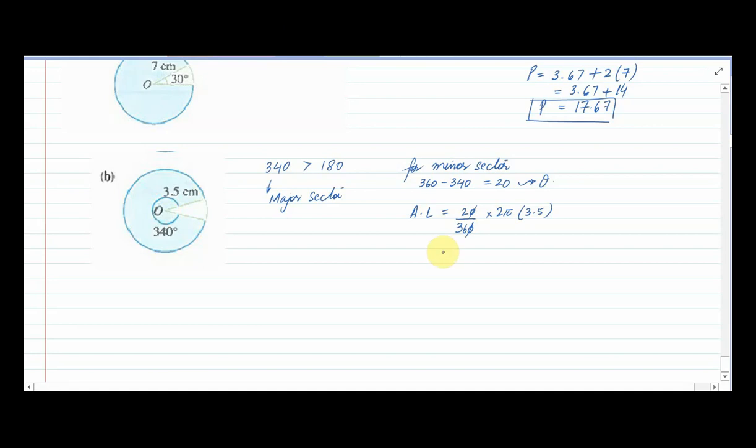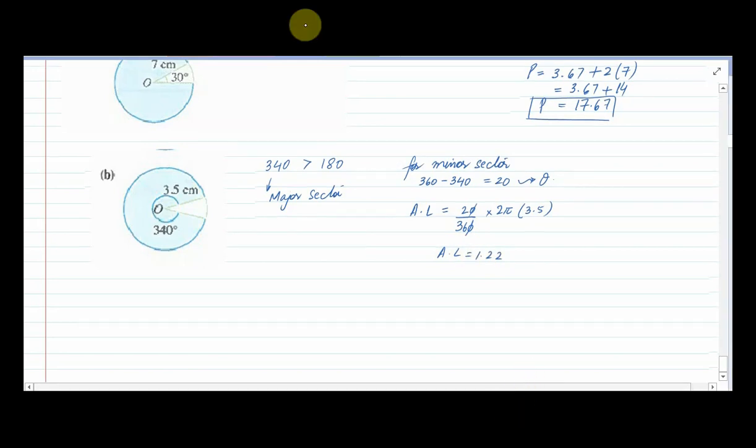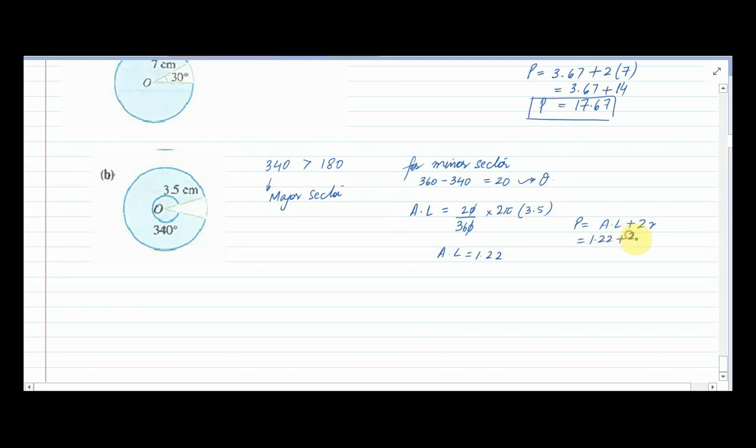So the arc length is 1.22. Now the perimeter will be arc length plus 2 times radius. So arc length is 1.22 plus 2 times radius, that is 3.5, right? So it will be 1.22 plus 7, and perimeter is 8.22 centimeter. After perimeter, we need to find area.